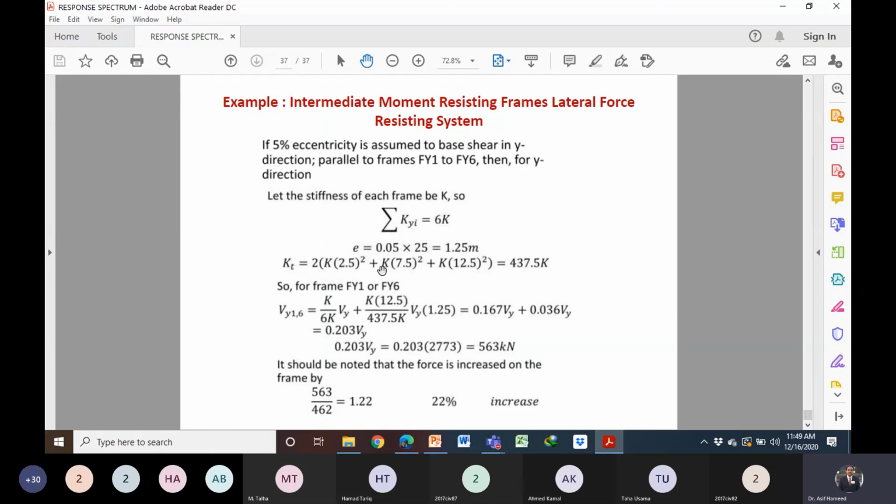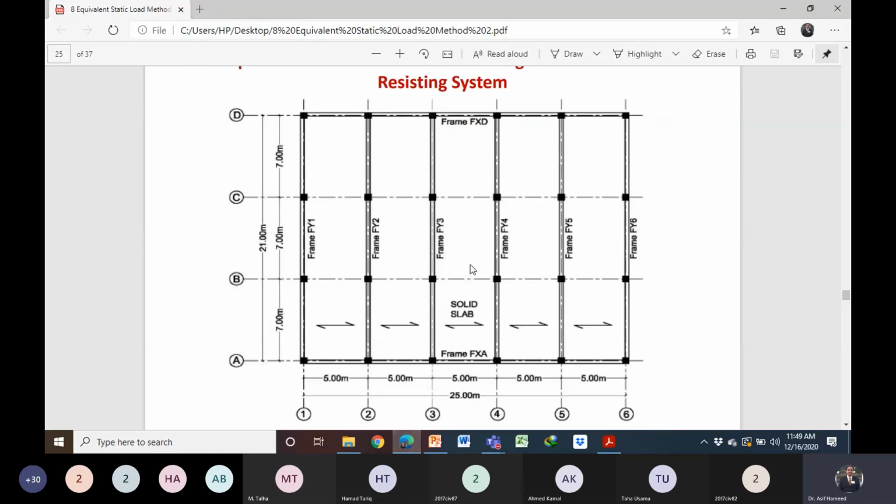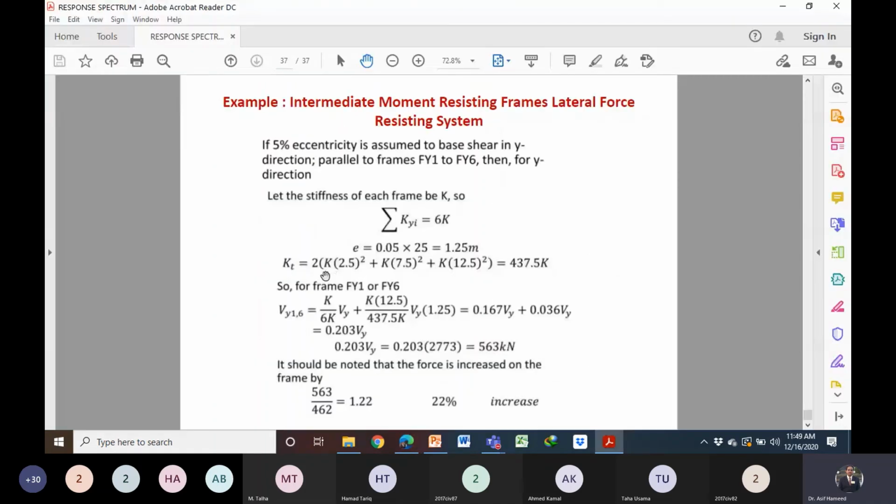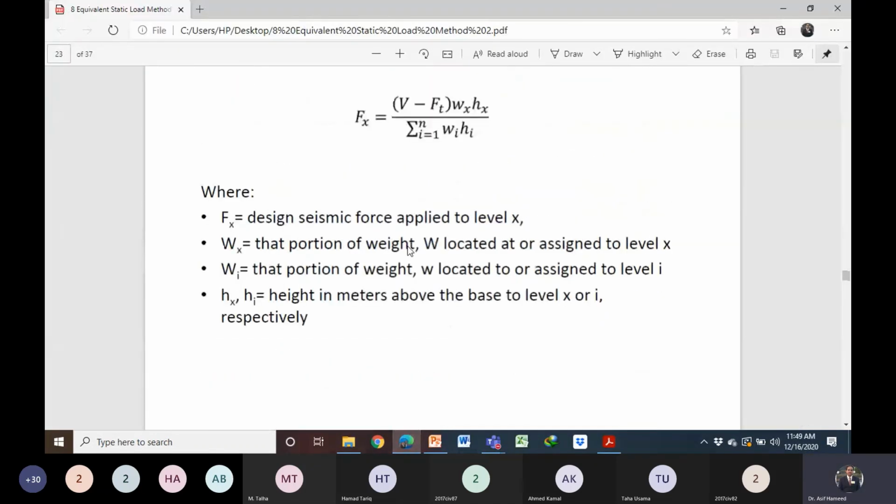So 2.5 square, and the stiffness is the same for each frame: K1 x1 square plus K2 x2 square plus K3 x3 square. And for the frames on the other side, x1, x2, x3 are the same, 2.5, 7.5, 12.5, so simply we can multiply it by 2. So we have the torsional stiffness by using this formula.